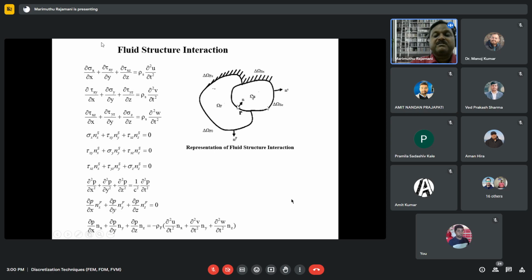This is the interaction. Gamma is the interface between the fluid and structure. And the same equation we have derived, the body force equilibrium equation, takes this form for dynamics, where rho s into dou squared u by dou t squared appears. This is the second equilibrium equation, the third equilibrium equation. This is the free surface equation.